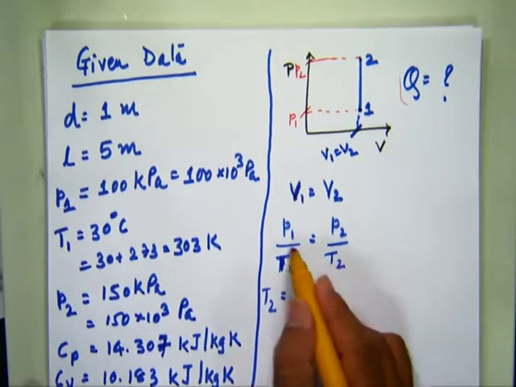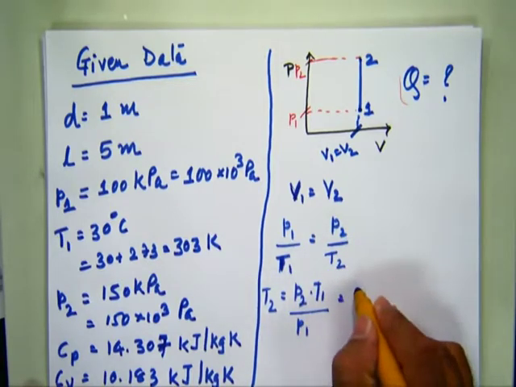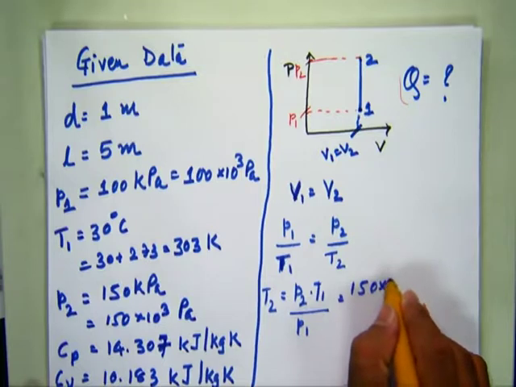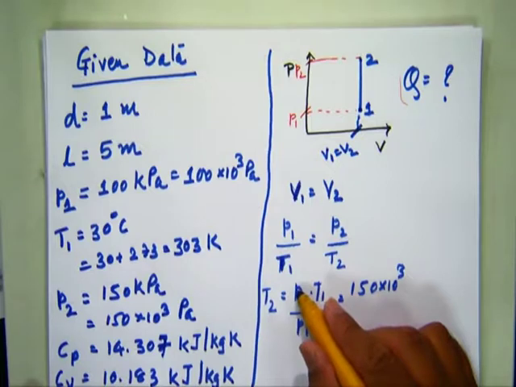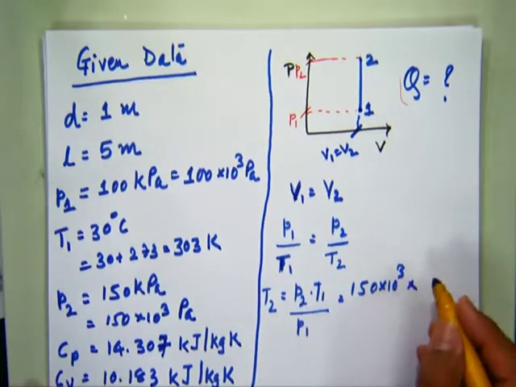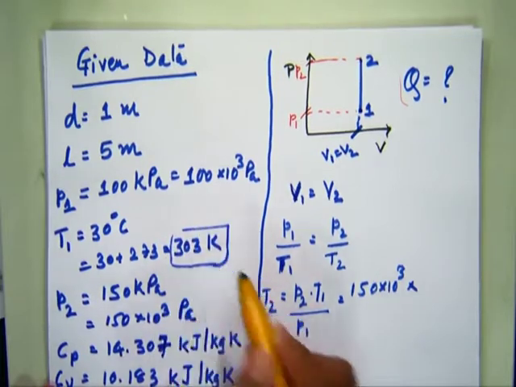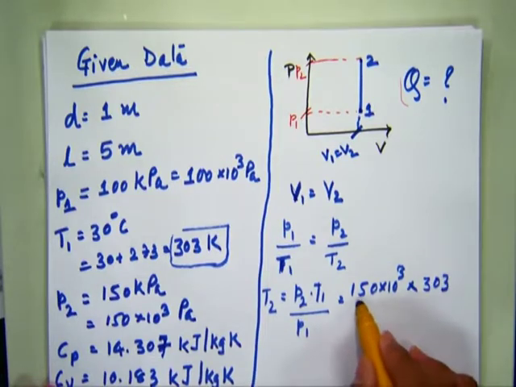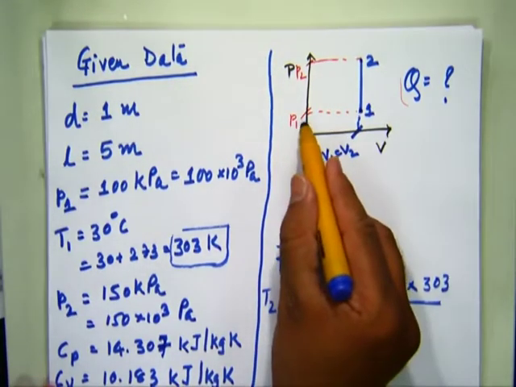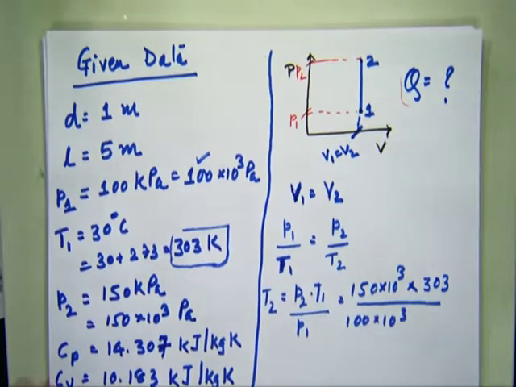So it is 150 multiplied by 10 raised to 3 Pascal, the value of P2, into temperature T1, 303, upon P1, which is 100 into 10 raised to 3 Pascal.